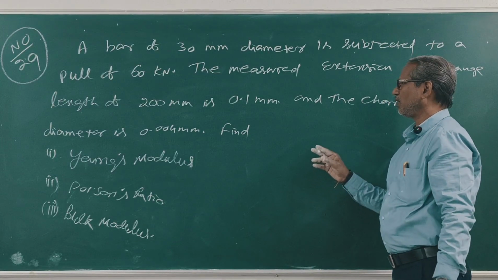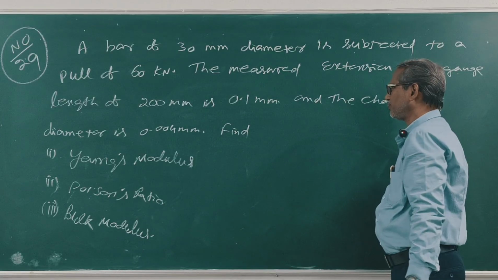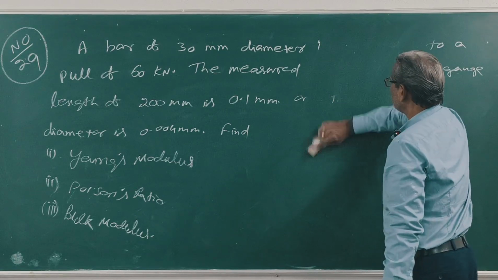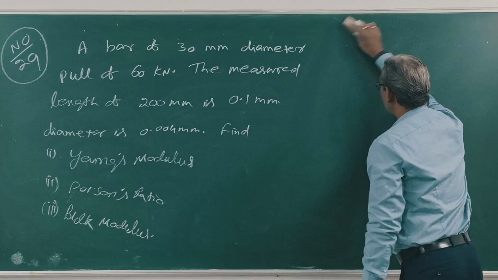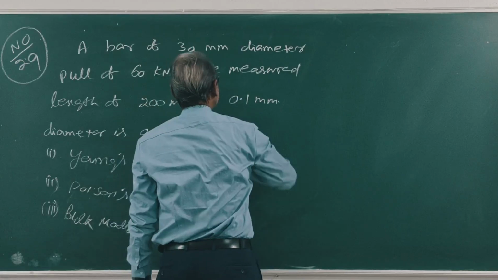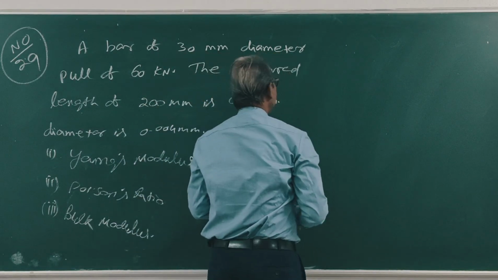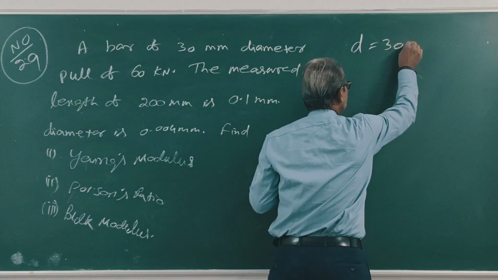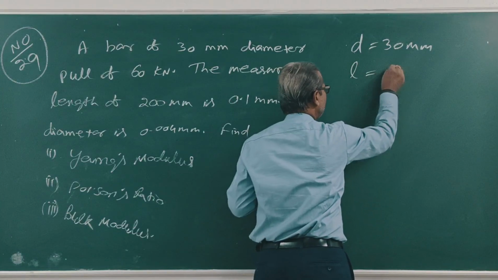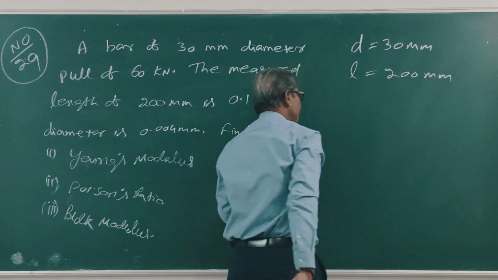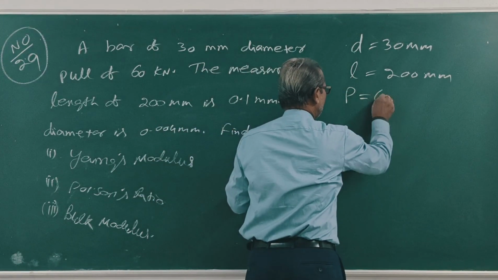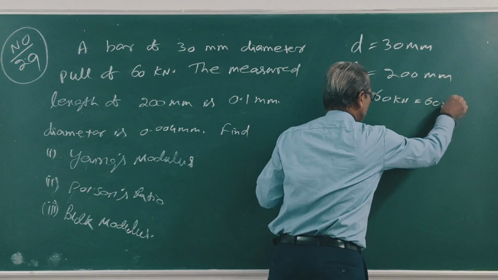Clear? Now first write the given data, then make the solution. A bar of 30 mm diameter, D is 30 mm, length 200 mm, L is 200 mm, load P is 60 kilonewton, P is equal to 60 into 10³ Newton.